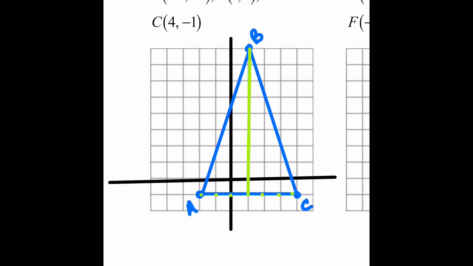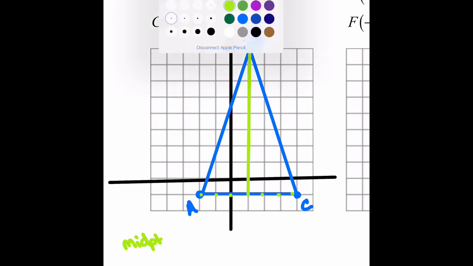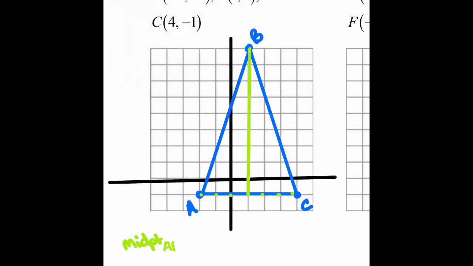Now my next median is going to be a little more difficult because I'm going to have to find the midpoint of A, B. The midpoint is x1, which is -2, plus x2, which is 1, divided by 2, and y1 plus y2 over 2. When we solve, -2 plus 1 is -1 over 2 is -1/2.